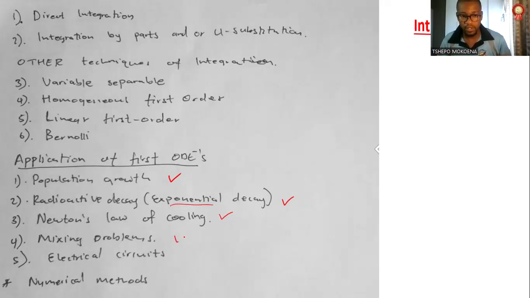And number 4, we're going to talk about mixing problems. The mixing problems are also highly applicable in the chemical engineering course, where we're talking about the flow rates of fluid in a tank or through a pipe, the mass flow rate of that fluid in or out of a tank, and so forth. Then the last application is electrical circuits.